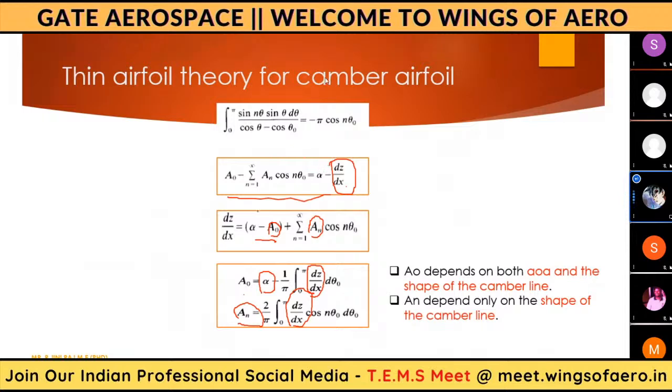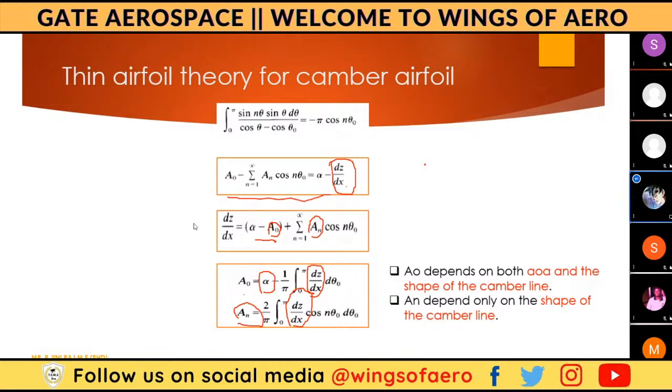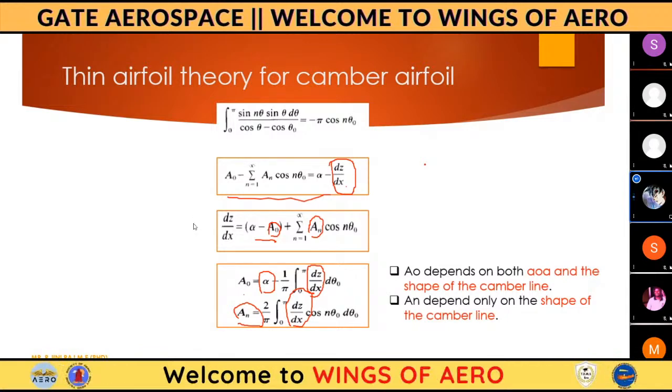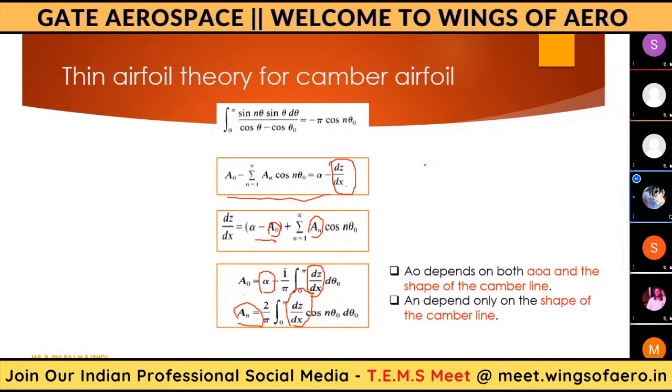So what they will give is equations for this dz by dx term. They will give z by c as a function of x by c, and they will ask us to find the lift coefficient, zero lift angle of attack, moment coefficient values, and also the center of pressure values.